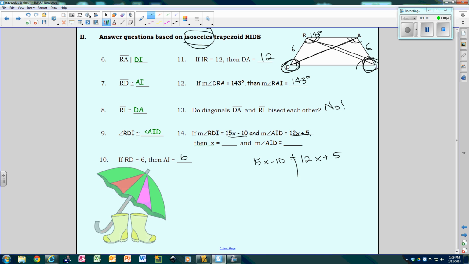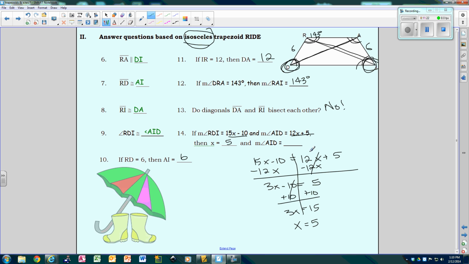I'm going to subtract 12x from both sides. I get 3x minus 10 is equal to 5. I'm going to add this 10 to both sides. So now I get 3x equals 15. So x is 5.